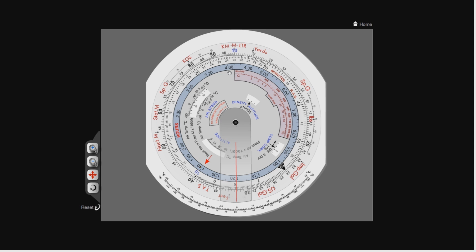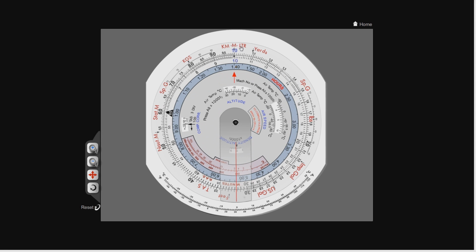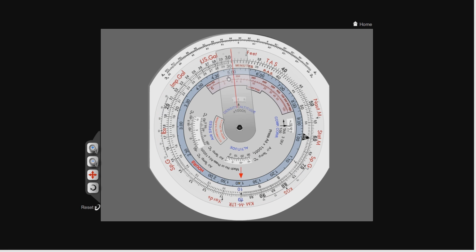And let's just prove that. If we stick the number 1 under the meters, and then we simply spin this upside down and have a look under there where feet are, you'll see that there are 3, 0.1, 0.2, and that's 0.3. Just under 3.3, there are 3.28 feet in a meter.